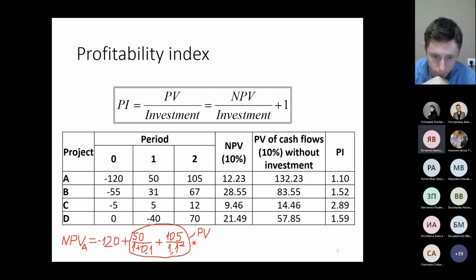Oh no, like in the formula when we already counted the NPV and then we count the PI. So it's written that, for example, we need to divide PV by investment. So in project D, our investment is -40. No, -40 discounted. Okay, but in the previous projects like A, B, C, it's as usual -120.